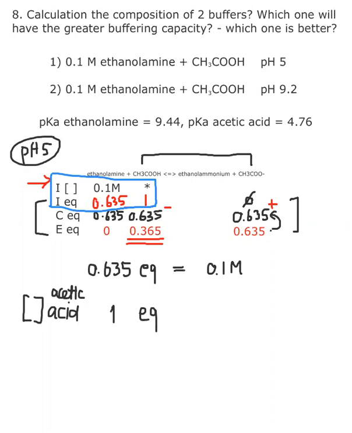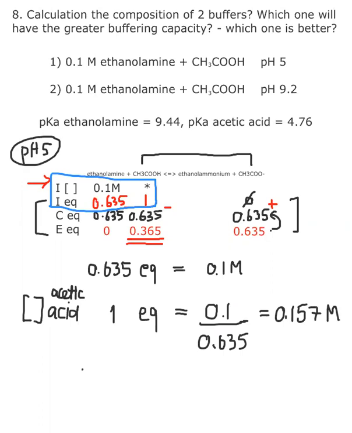So we can calculate by comparing back to the amount of ethanolamine that you have initially, and so 1 equivalence would equal 0.1 divided by 0.635, and this would equal 0.157 molar.